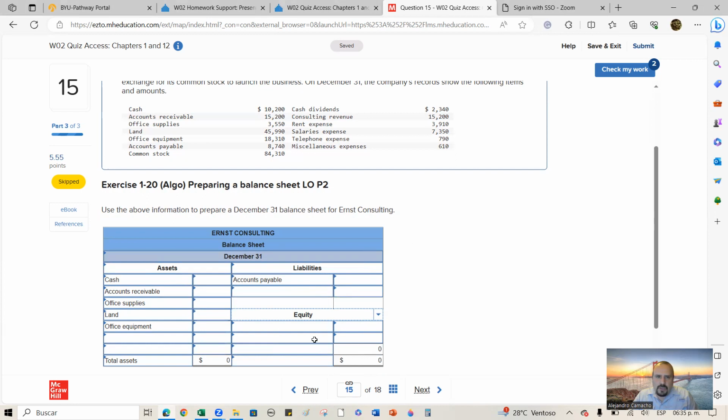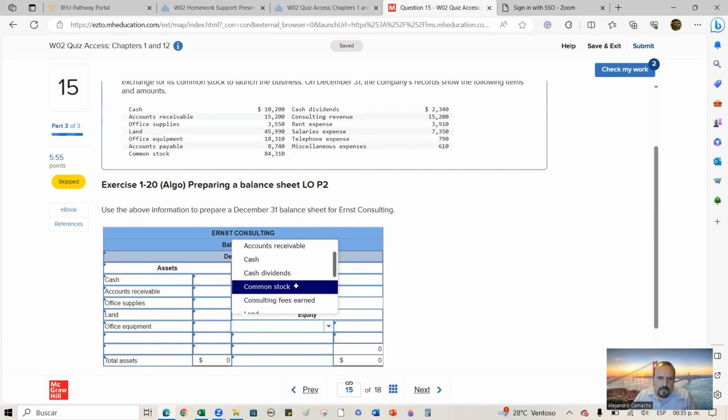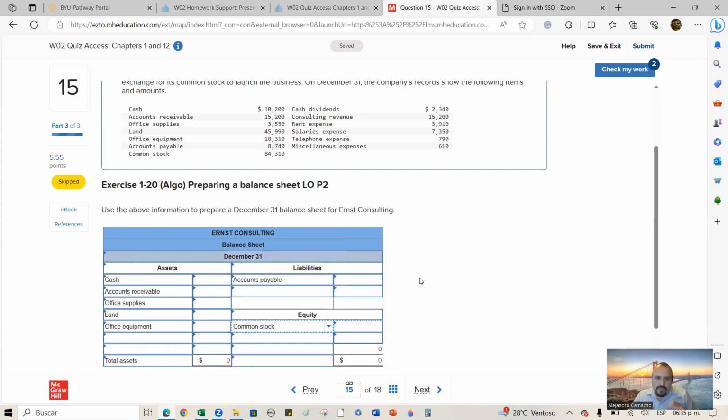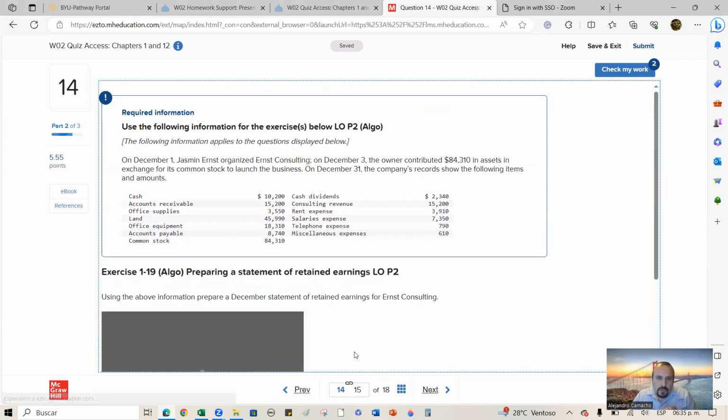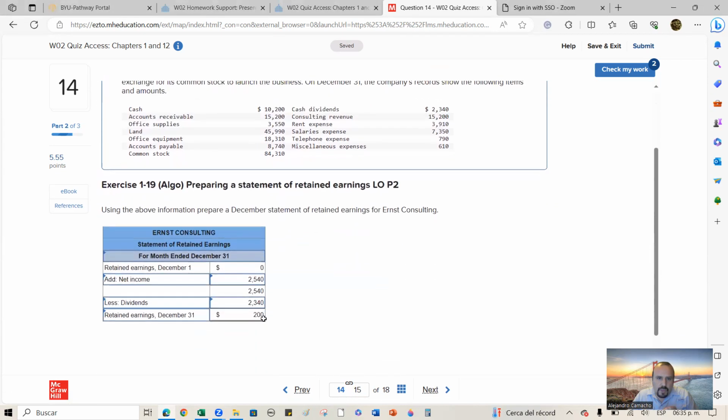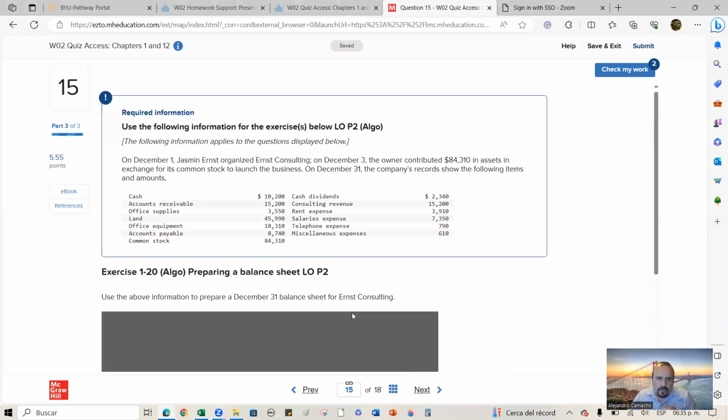So on equity, we have common stock, right? And another concept that is not here is the retained earnings, which is part of the equity, but we got it from the previous exercise. In this case, this is my amount.